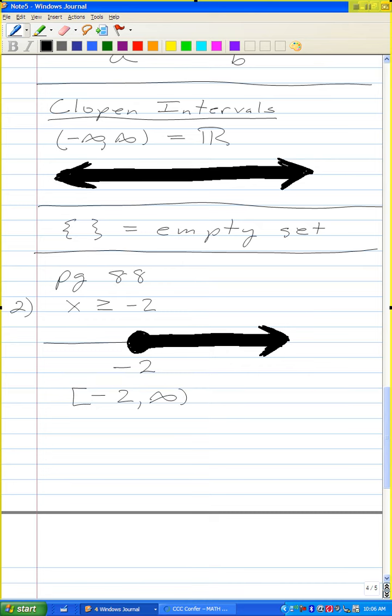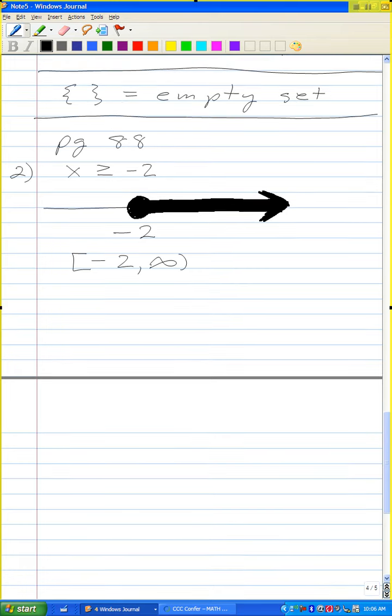Let me do problem number 10. -5 less than x less than or equal to 0. So this is the half open, half closed interval from -5 to 0.